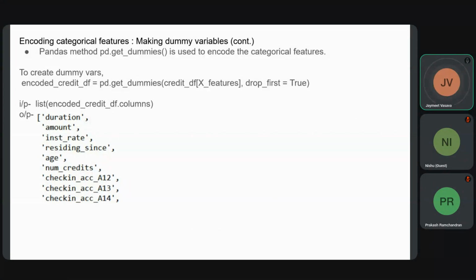If we print the encoded credit DF in the form of a list, these are the outputs that we will be getting. You can see that one of the parameters is drop first equals true. Here the checking account A11 has been dropped in order to avoid the trap.